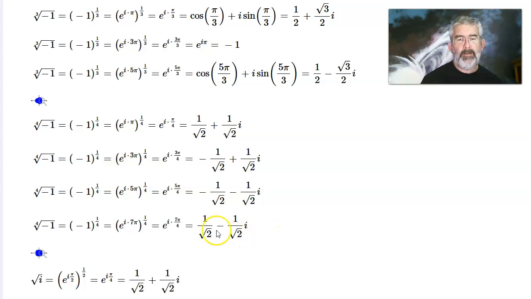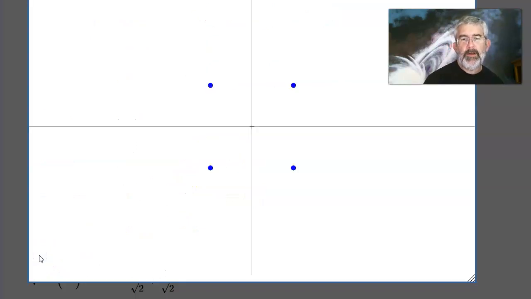When I look at what they are, I'm going to calculate them in the same way: e to the i 1 pi, e to the i 3 pi, e to the i 5 pi, e to the i 7 pi, all different ways of representing the number -1, and then raise that to the 1/4 power, which is dividing the angle by 4, and I get these 4 points. 1 over radical 2 plus 1 over radical 2 i, and minus 1 over radical 2 plus 1 over radical 2 i. Everything's just 1 over radical 2; the x and y coordinates are 1 over radical 2, plus or minus. And those are all the fourth roots of minus 1.